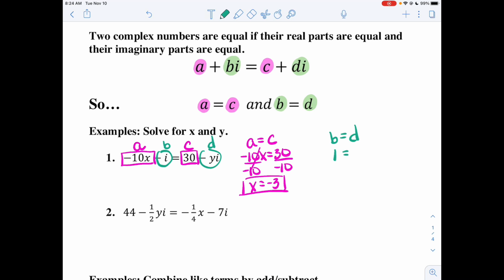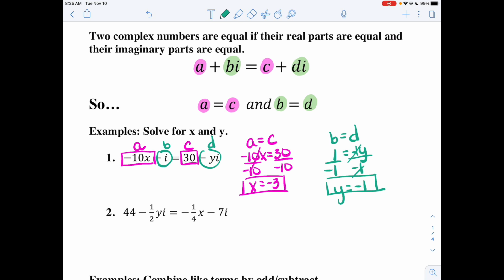The d part of negative yi is negative y. So I have 1 is equal to negative y. In order to solve for y, I need to get rid of the negative sign. So remember that this is like a -1, so I can divide both sides by -1, and that's going to leave me with this canceling with this, and y is equal to -1.